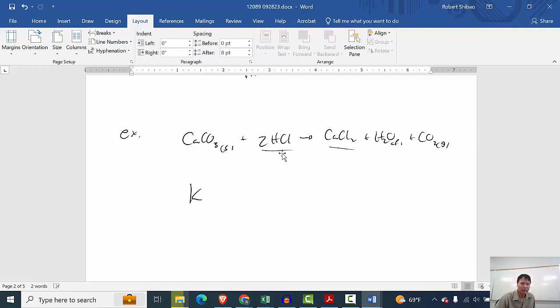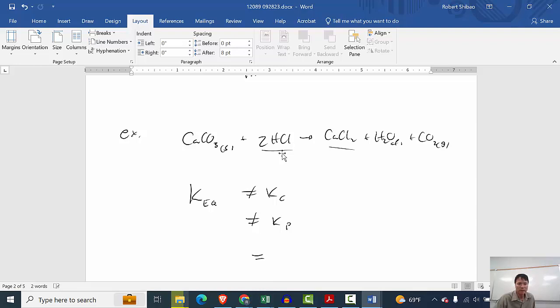And so what we have here is Keq. In this case, Keq is not equal to Kc, and it's not equal to Kp. Kc and Kp work if we have all gases, you can use either Kc or Kp, or if we only have solutions, you can use Kc. But neither of those will work because we have a gas here.